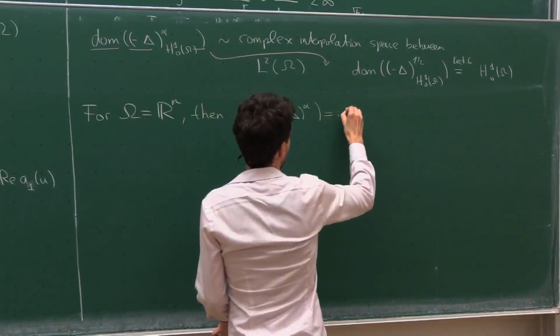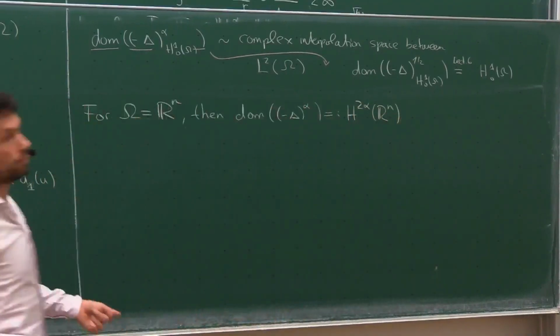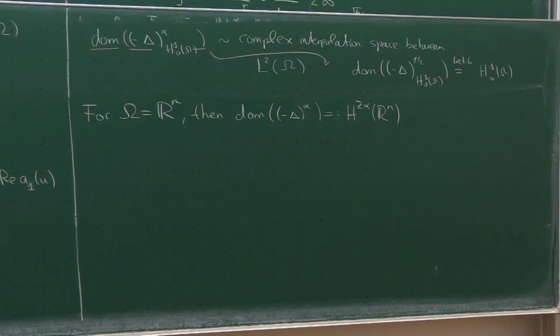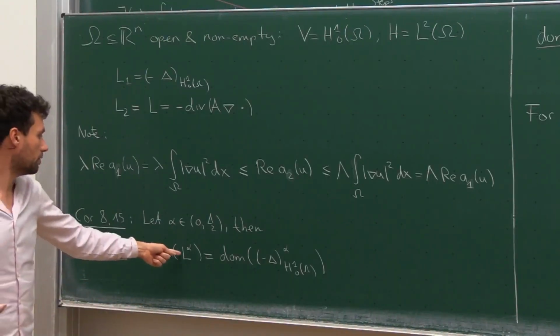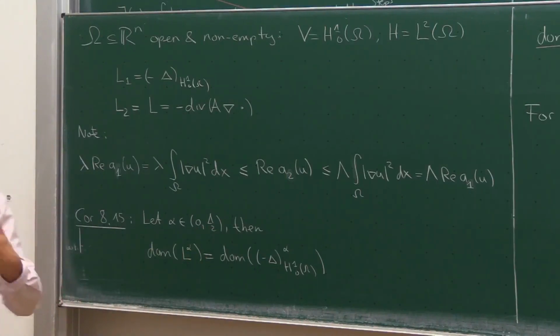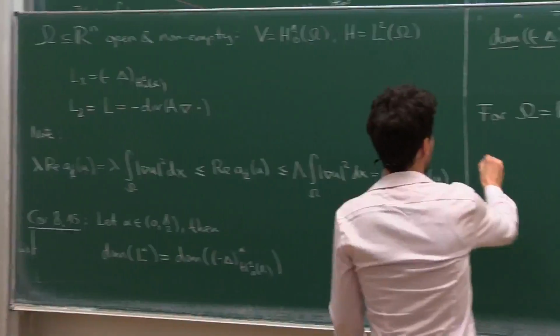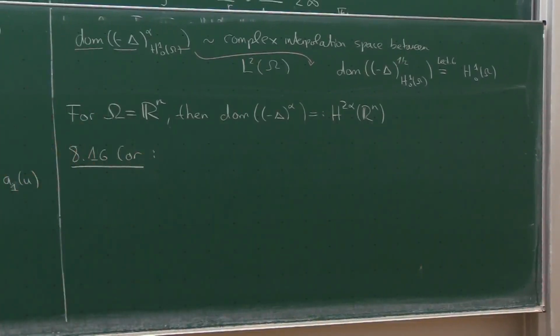We actually defined fractional Sobolev spaces by these domains, but then we also found a formula for the norm that is not making reference to fractional powers and stuff like that. So on all of Rn, we know this thing by this double integral norm. But because we're not only getting from Kato's result that the domains are the same, but also that the operators measured in L2 are comparable, we get, as the last result for today, and this is, I think, truly remarkable, the following thing on Rn.